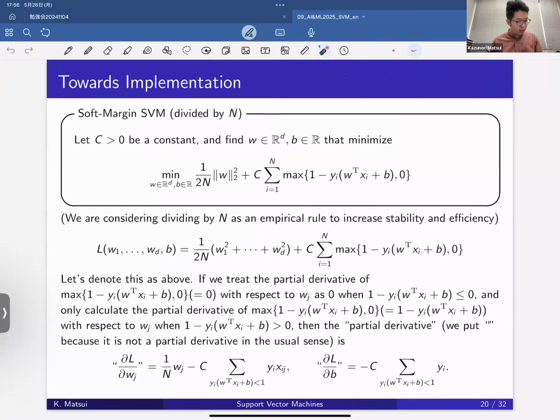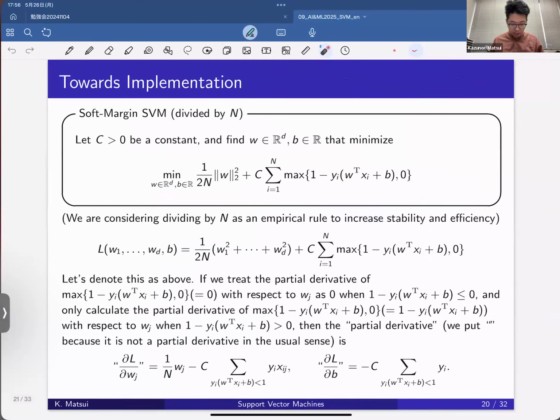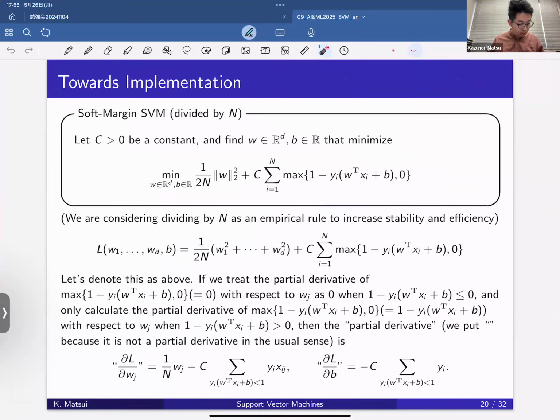Let's think about the problem for soft margin support vector machines. Let's think about partial derivatives. Here, let's consider something divided by n, as an empirical rule to increase stability and efficiency, making it 1 over 2n.